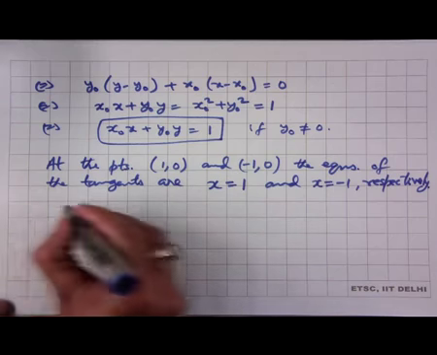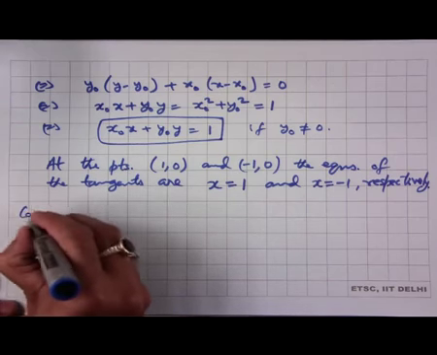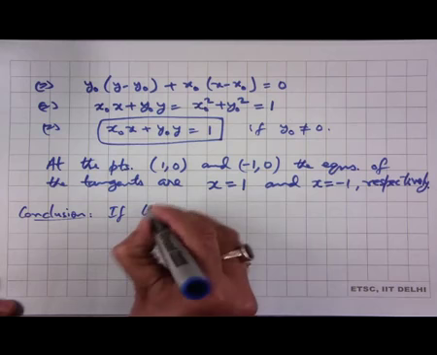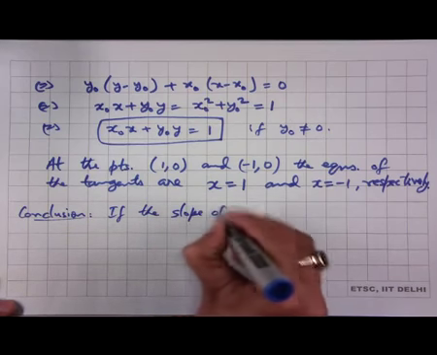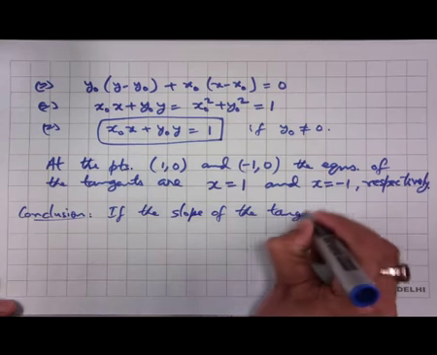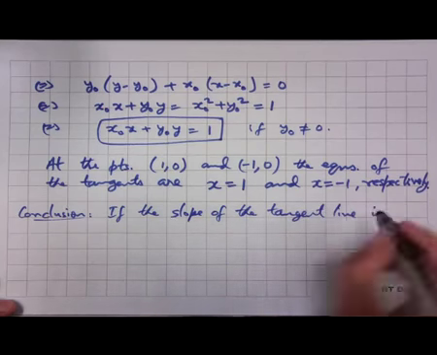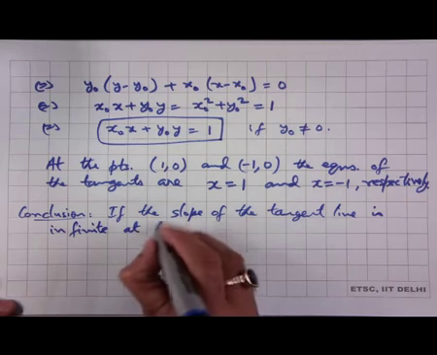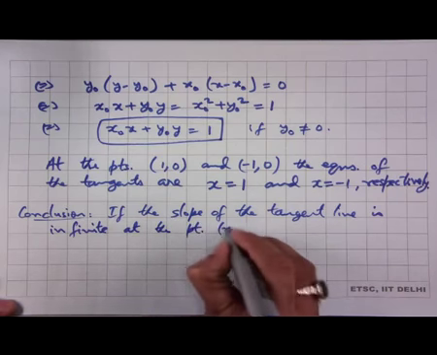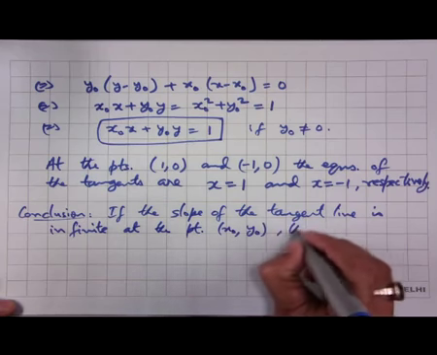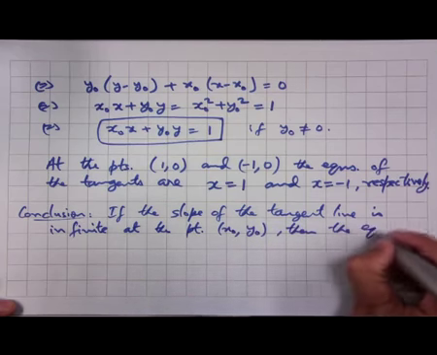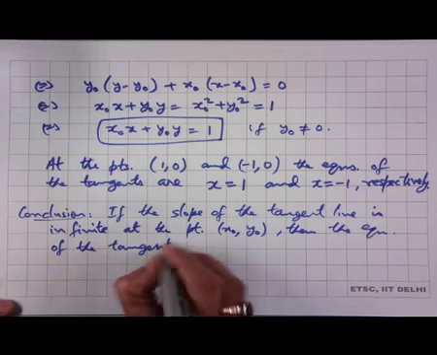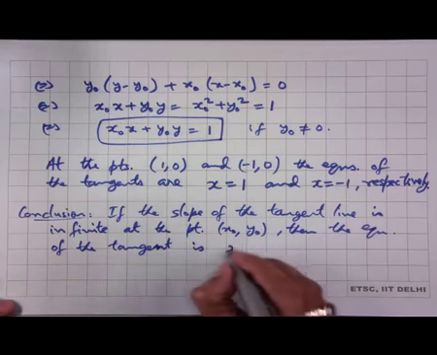So, if the slope of the tangent line is infinite at the point x naught, y naught, then the equation of the tangent is x equal to x naught.